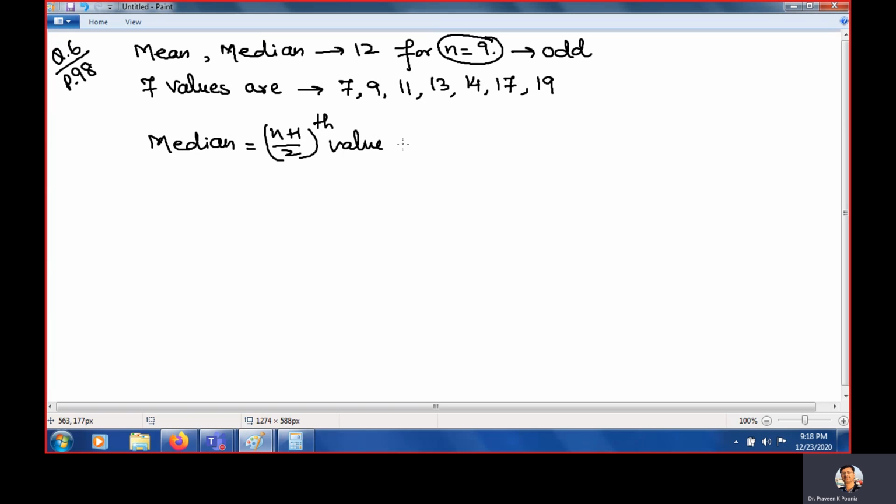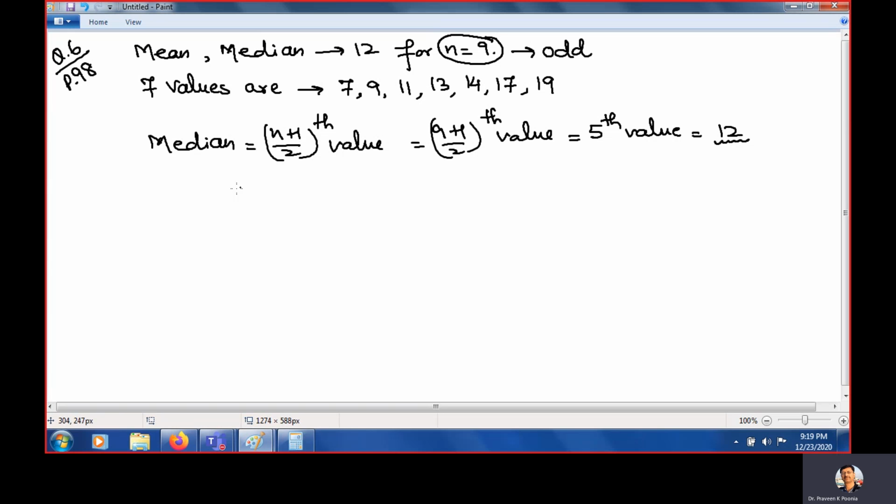So it will be 9 plus 1 upon 2th value, which is 10 upon 2, the 5th value. And the 5th value is 12. Clear? So if you see, the 5th value is 12. How many total values? 9. So the 5th is the middle value.